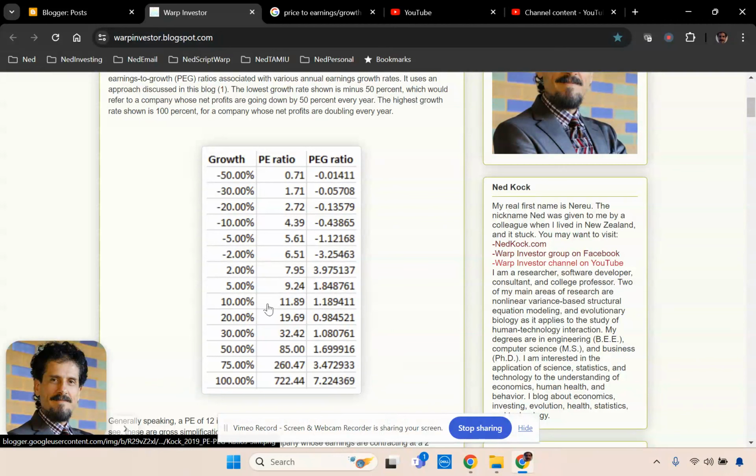Generally speaking, these numbers here are usually seen as the ones that you seek: a PE ratio of around 12 and a PAG ratio of 1. But these two assume a growth rate of 10%. When the growth rate varies, you have different numbers that would suggest a proper valuation.